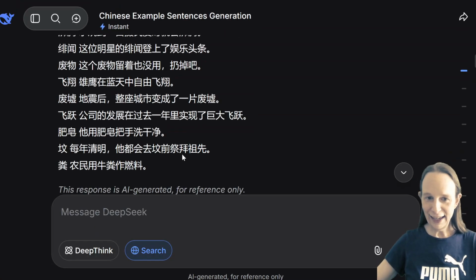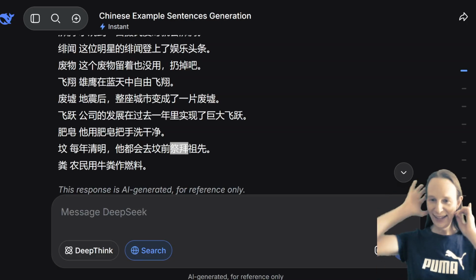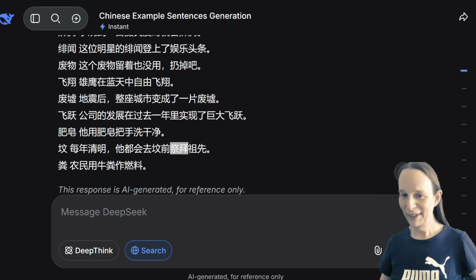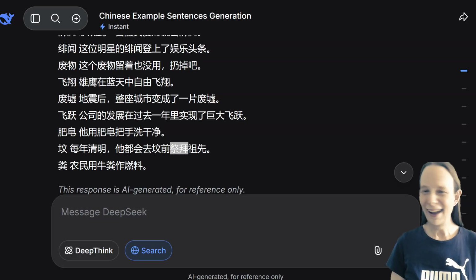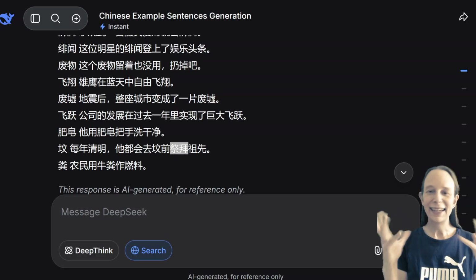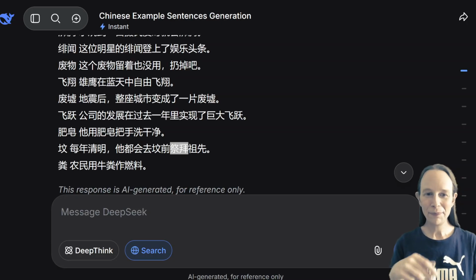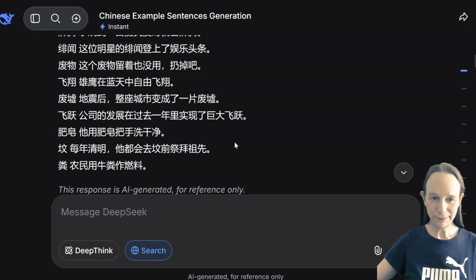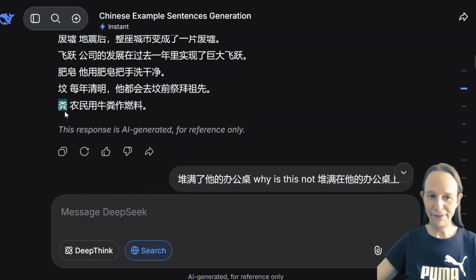So yeah, here we're not sacrificing our ancestors. We're sacrificing to our ancestors. Usually something, I don't know, nothing elaborate, like flowers or something. That's my understanding. All right, and next is 粪.